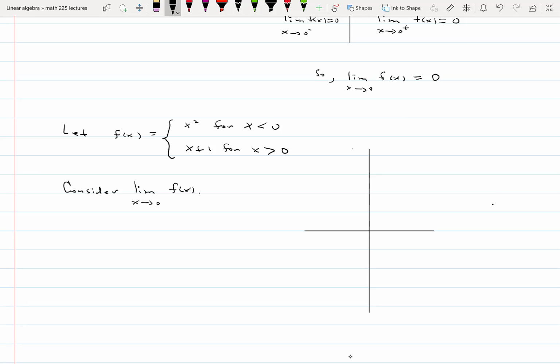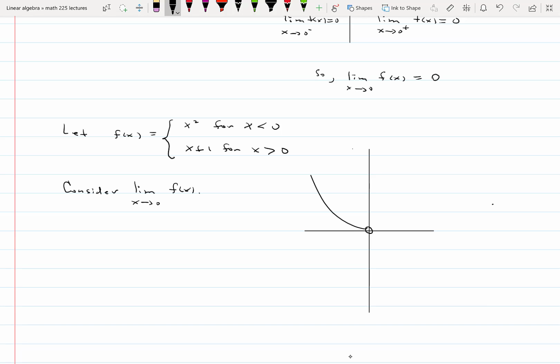So let's take a look at the graph of the function. The function is the parabola as long as x is negative. So it's the same graph for x negative, except we're not including the origin here. So we put a little circle around the graph, and then we have the parabola to the left, y equals x squared.